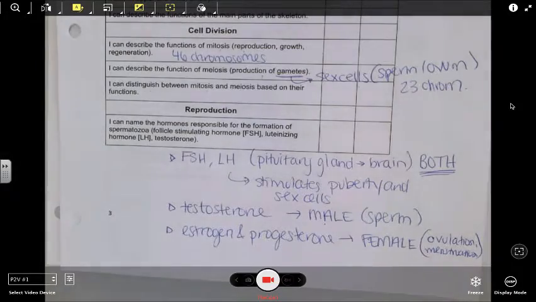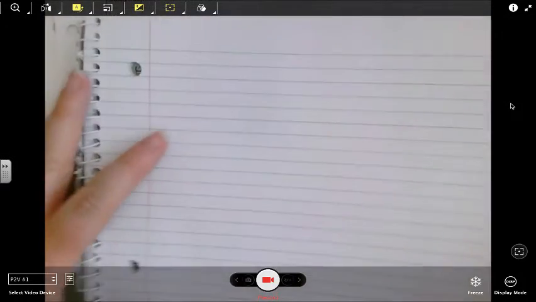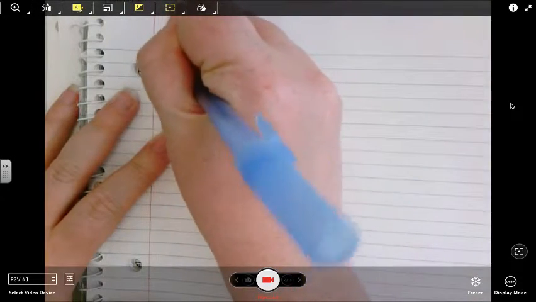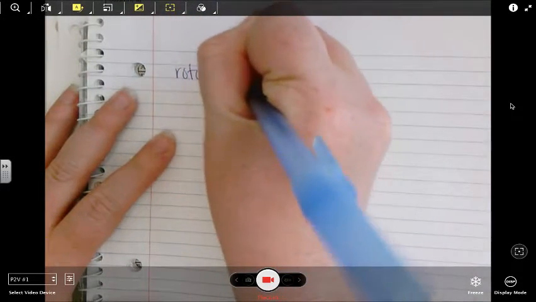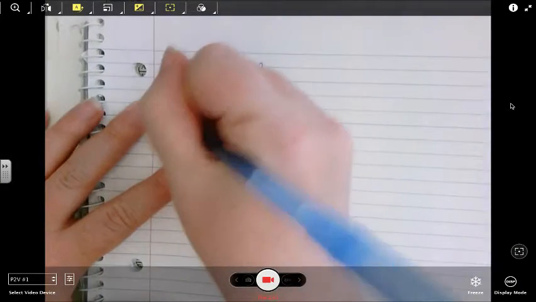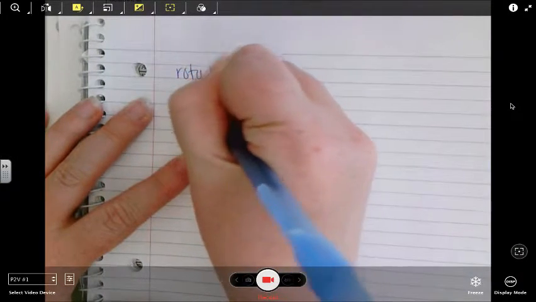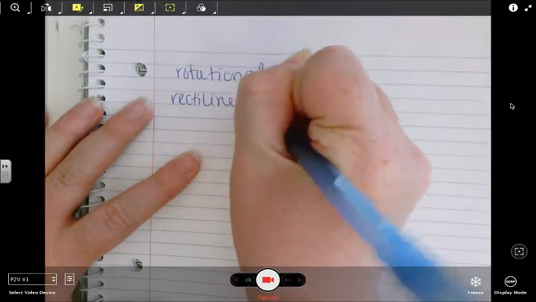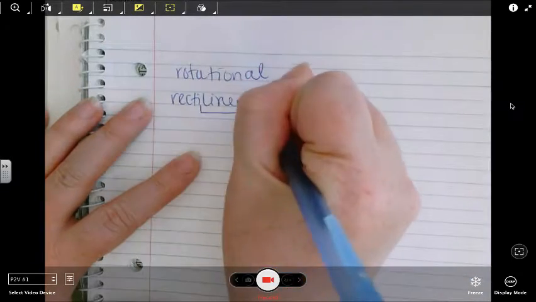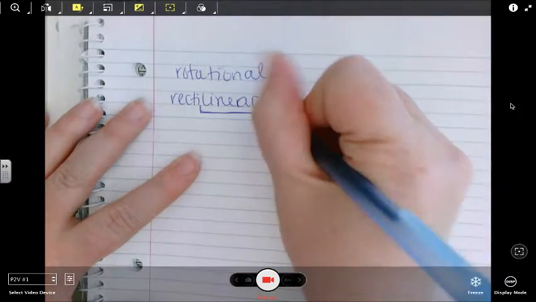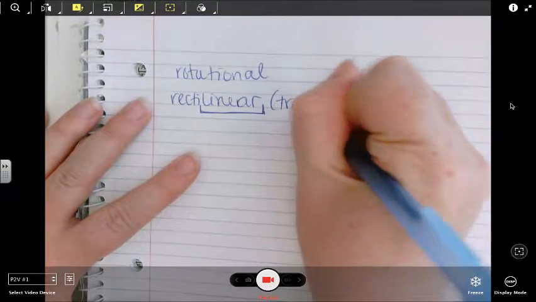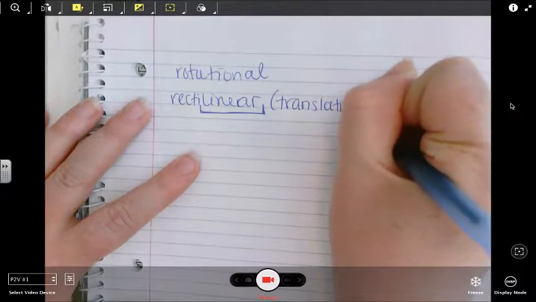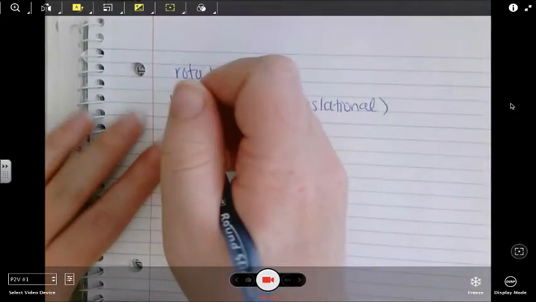The different kinds of movement that we have seen was rotational. I'll write rectilinear, but when we're speaking casually, we would just say linear, but they also could call this translational. And we also talked about helical.